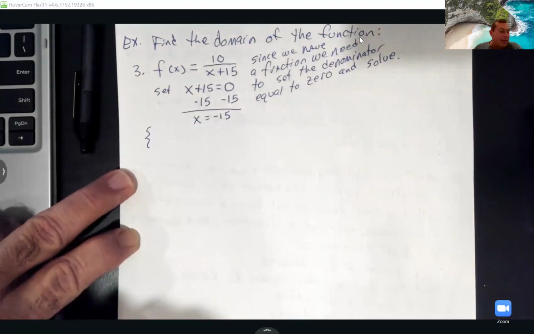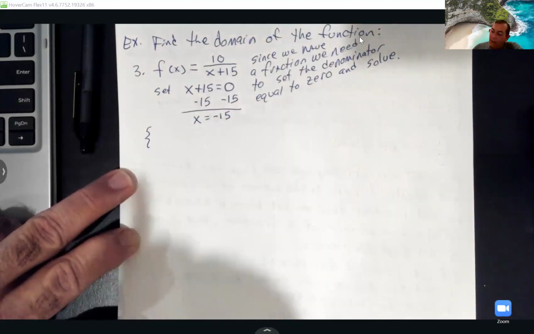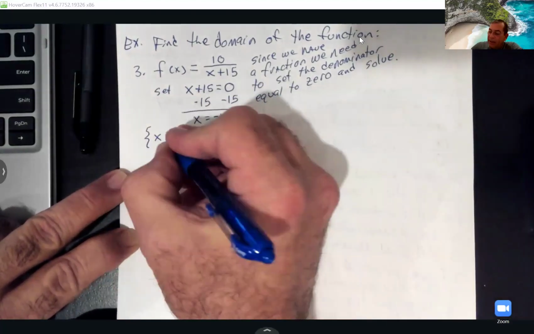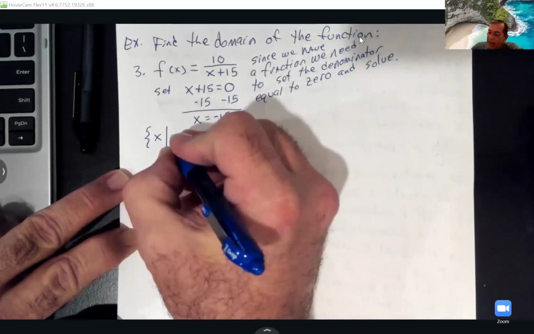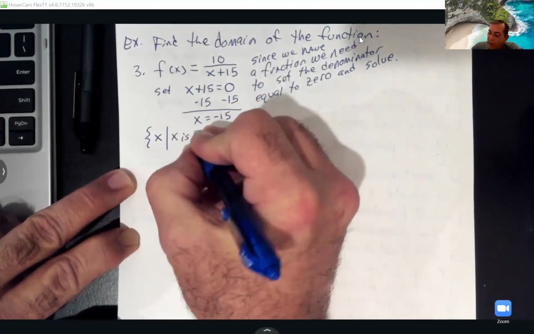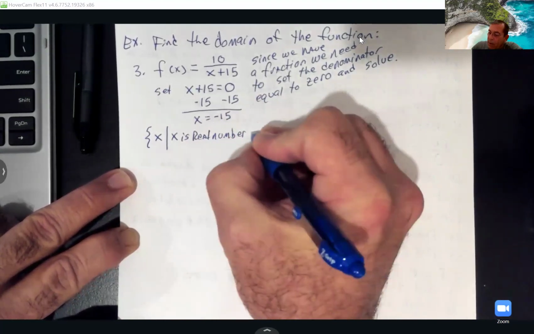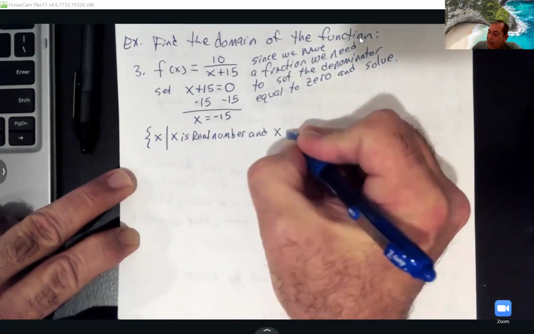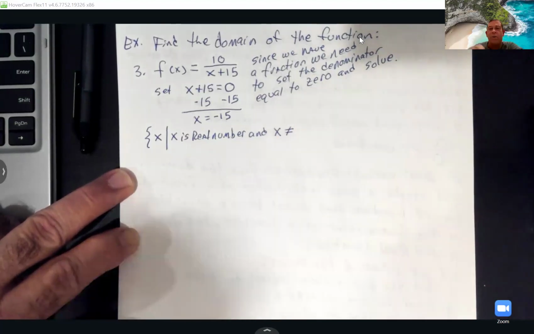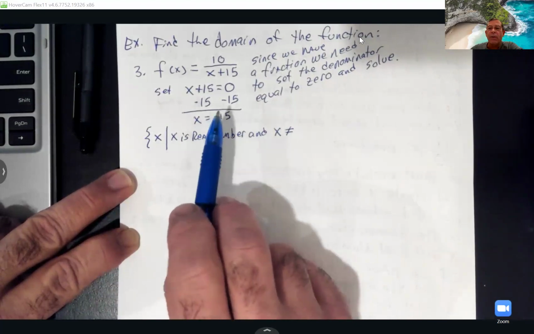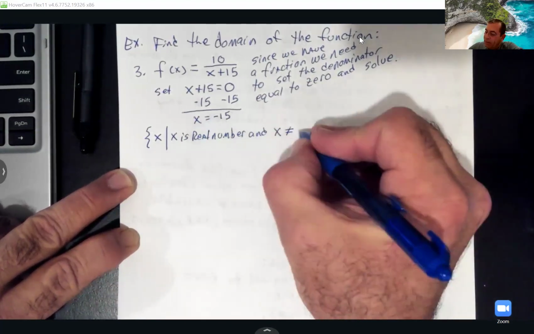Now, they'll give you A, B, C, D answers on this. But for this answer, it's going to be x such that x is a real number and x cannot equal, what did we say? We just said x cannot equal negative 15.